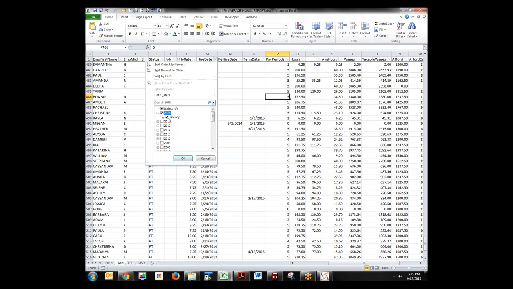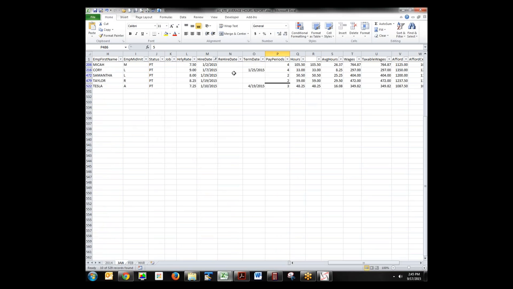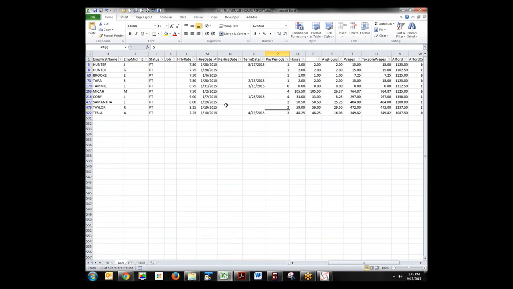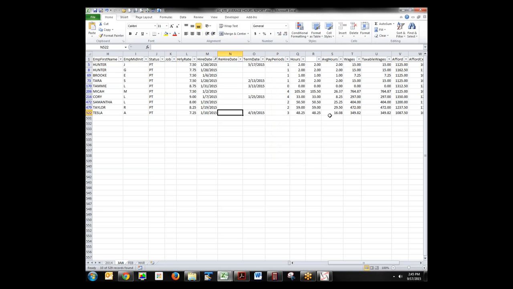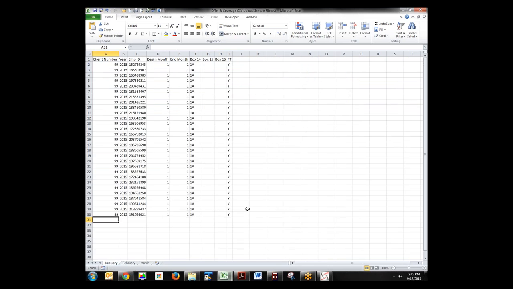So now if I just look at everyone that was hired in January, okay, here, so I've got 10 employees, and then of those I can filter the average hours, and it looks like there's no one even with an average hours of 30 or more for the test. So essentially I would run this for every month to see who's been hired in the month, and who do I need to add to my list. So I'm keeping basically a running list of employees to upload these records.